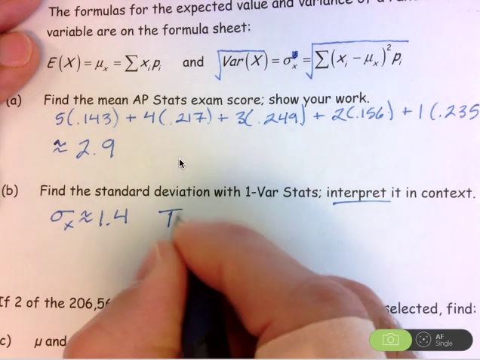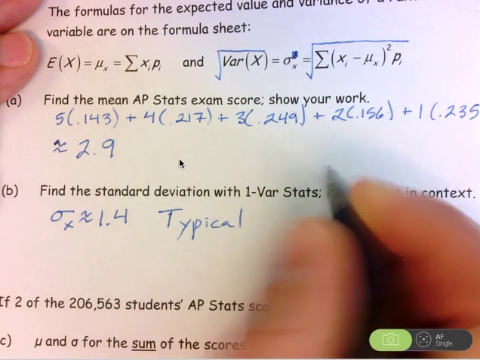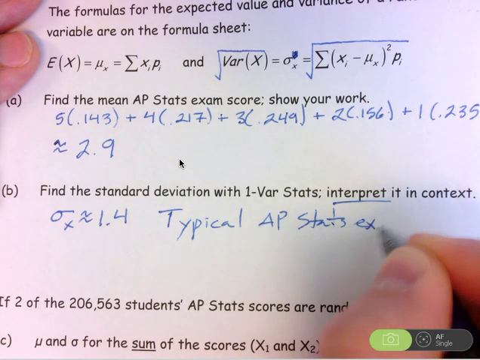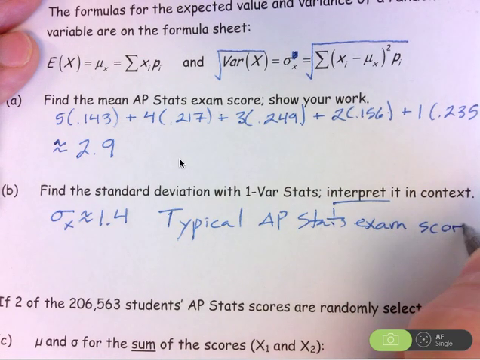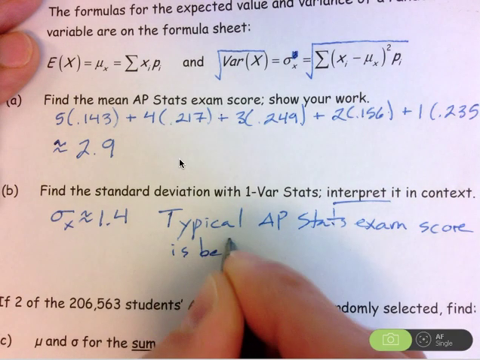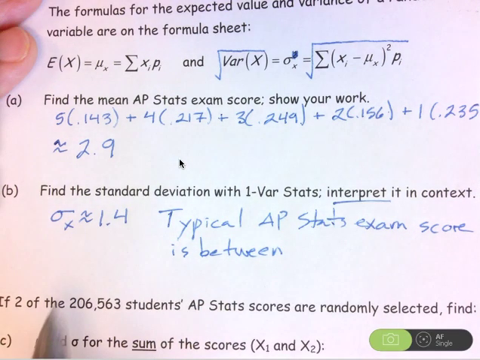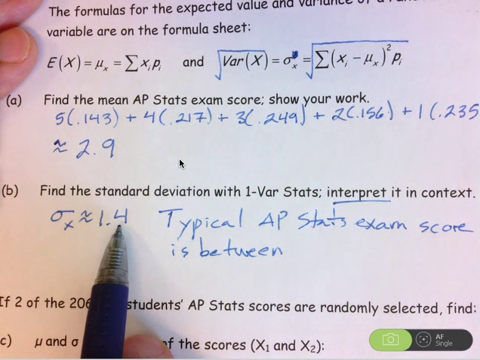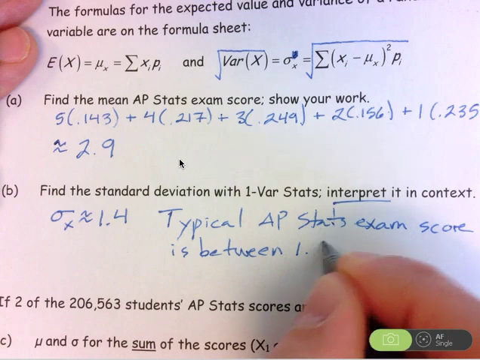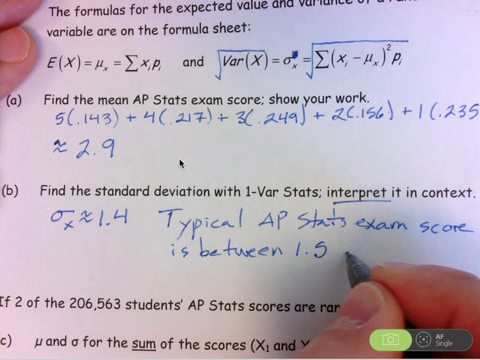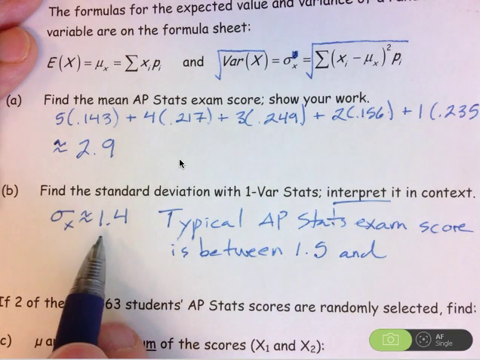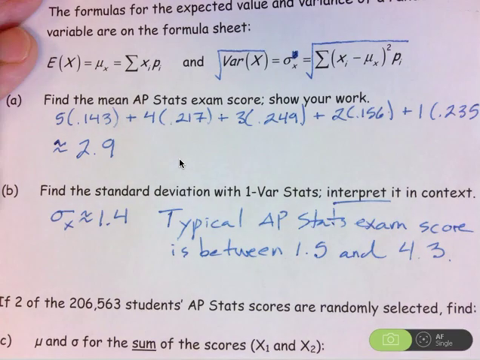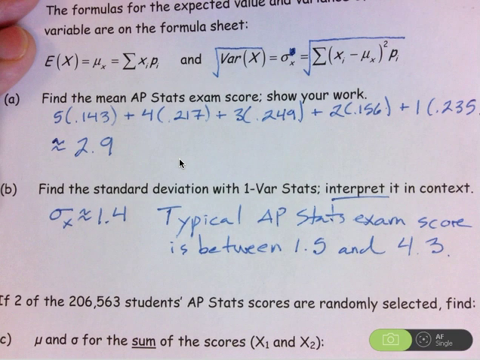So a typical AP stat score is between, we could be 1.4 below the mean, so 2.9 minus 1.4, that would be 1.5. So we would be between 1.5 and, if you take the 2.9 and add a standard deviation, that gives you 4.3. So typical AP Stats exam scores in 2016 are between 1.5 and 4.3.